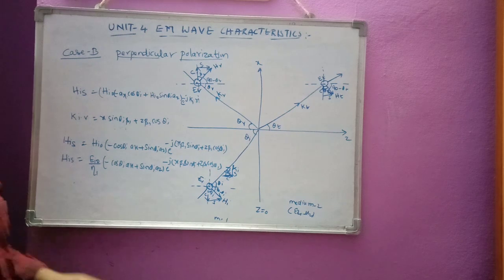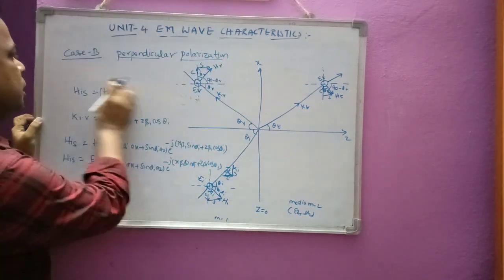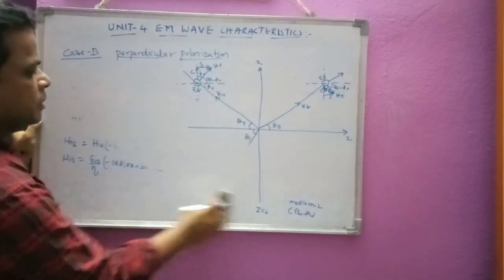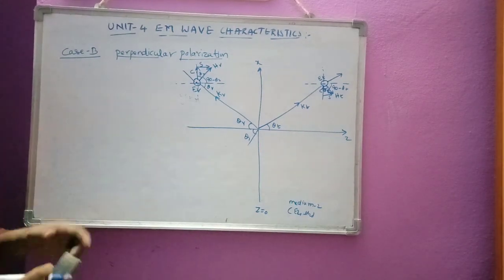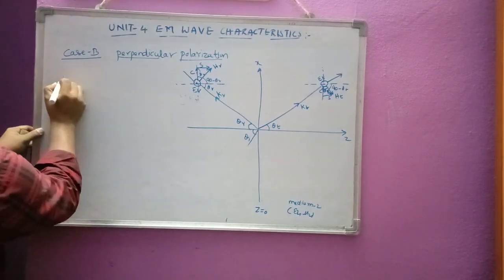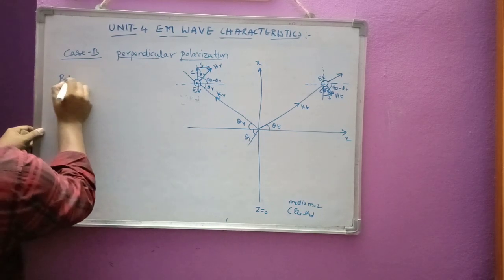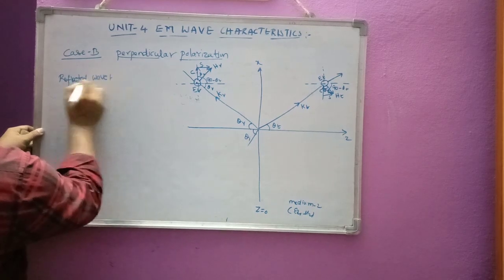Now we will write the equations for the reflected field. We will erase this one, as it is not necessary for us now. Now I will write the equations for the reflected wave.